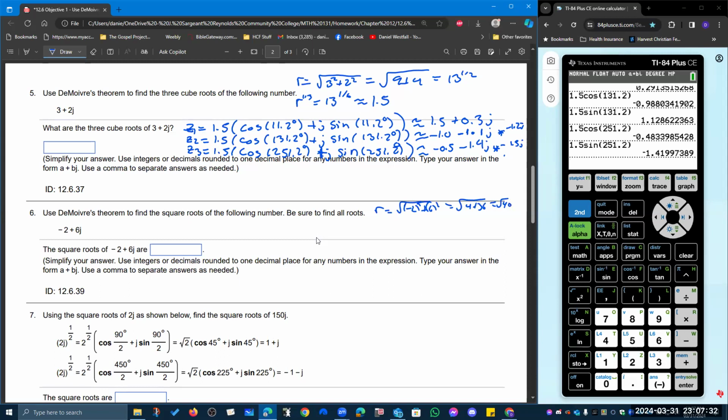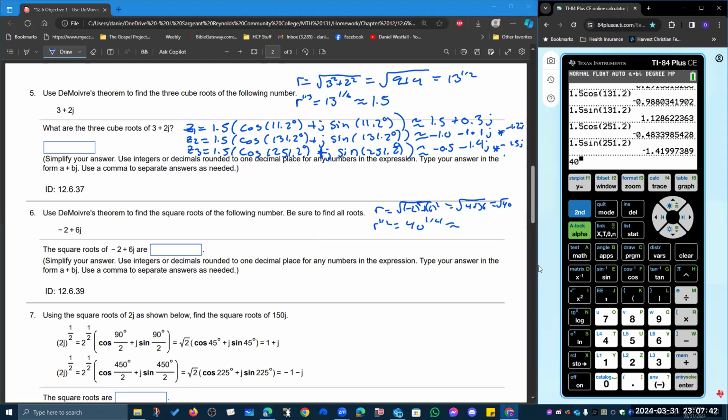And then r to the 1/2 equals 40 to the 1/4, which is about 2.51. Just call that 2.5 because they said to use one decimal point.